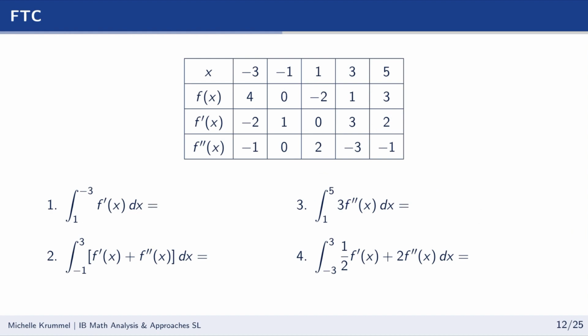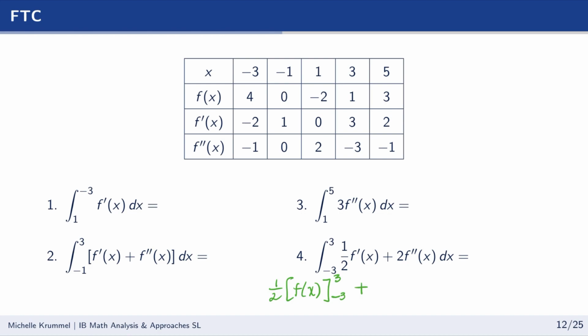And number 4, now we can split the integral into 2 integrals here because we have the sum of 2 functions. And I can also factor the constant multiple out of each one. So I'm going to do a couple steps at once. I'm going to factor out 1/2, and then we want the antiderivative of f prime, which is f, and we're evaluating from negative 3 to 3.